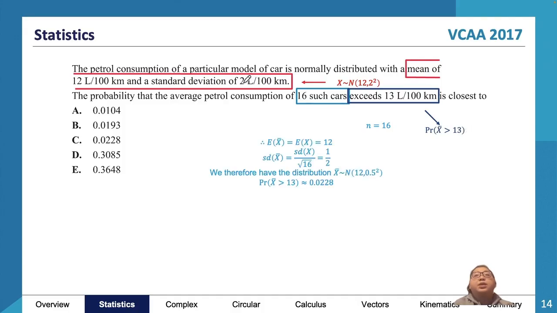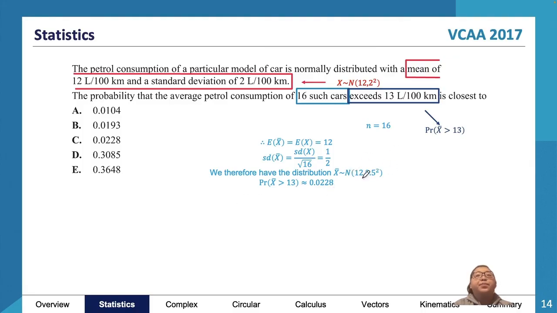Okay, so now we've deconstructed our question, and we can put this together. The mean of the sample will just equal the mean of the distribution, which is 12. And the standard deviation of the sample will equal the standard deviation over root n. So that's going to be 2 over root 16, which works out to 2 over 4, or a half. Therefore, our distribution for our samples will be 12 and then 0.5 squared.